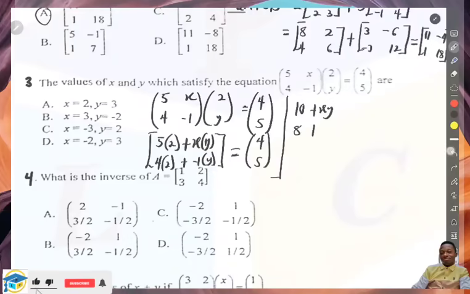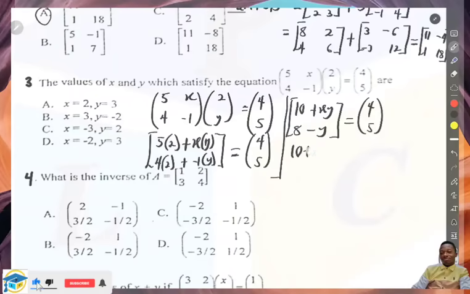Then here should be what? -1 multiplying y should be -y. Okay, and that should be equal to 4 and then 5. So here, once you are getting this, we deal with the corresponding entry. So this is just a 2 by 1 matrix, 2 rows, 1 column. So we compare 10 plus xy to 4, and then 8 minus y to what? 5.